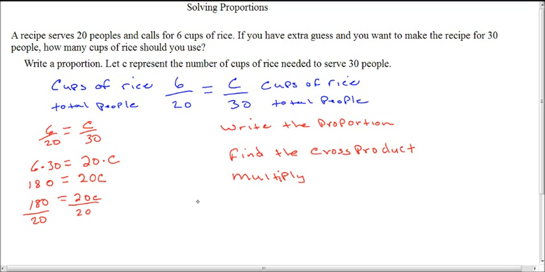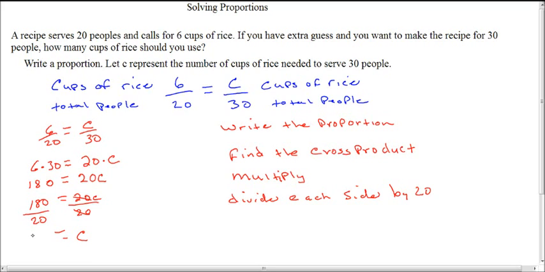So again, we divided each side by 20. And when we do so, we get C is equal to, and just think about 2 going into 18, and that'll be 9.